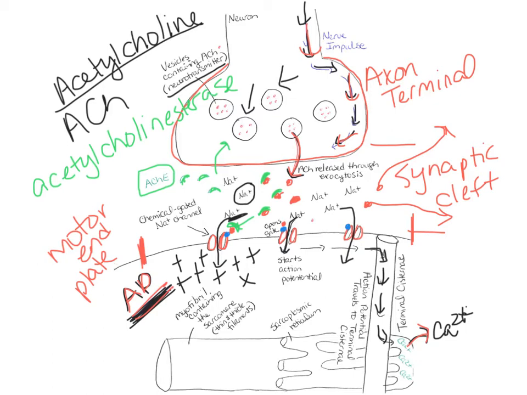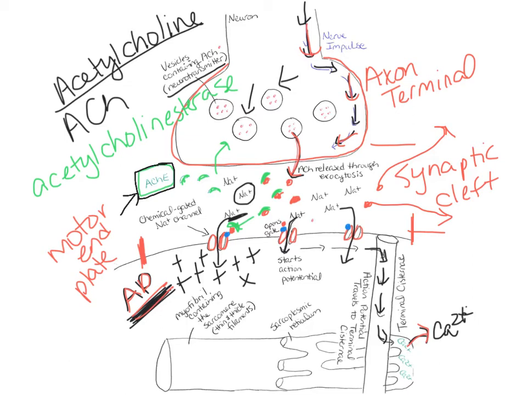Like if we gave a person a drug that inhibited acetylcholinesterase, so that's the enzyme that breaks down acetylcholine. So if we inhibited acetylcholinesterase so that it didn't work, that means there would be nothing to break down acetylcholine, and we would end up with acetylcholine accumulating inside the synaptic cleft.